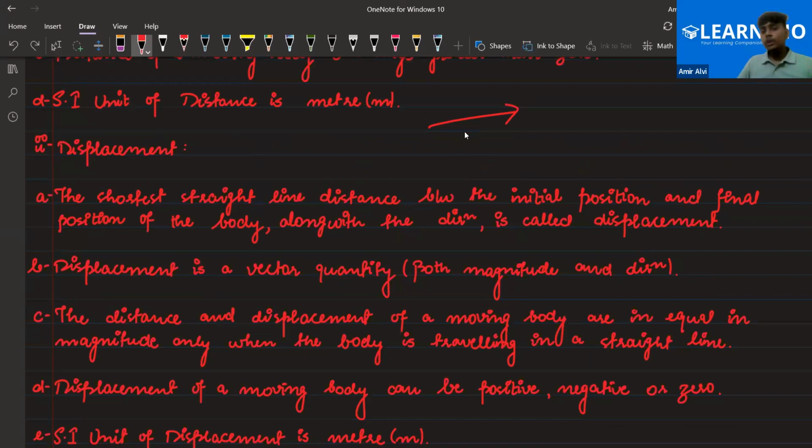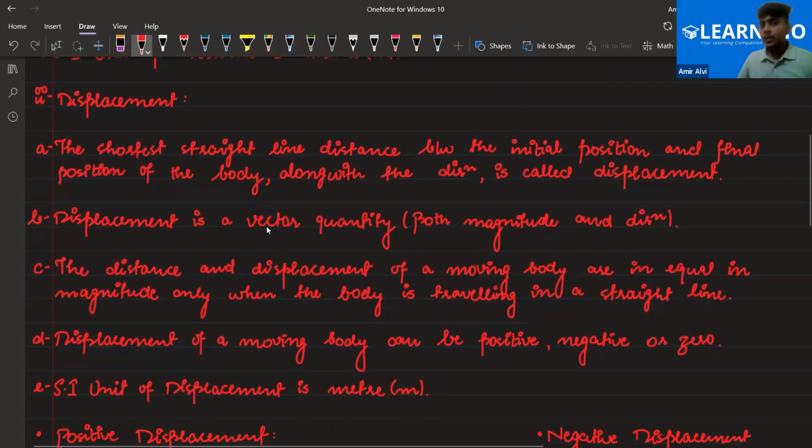We usually consider the right side as positive, and the opposite automatically becomes negative. Clear, everyone? So displacement can be zero, negative as well as positive depending on the situation.